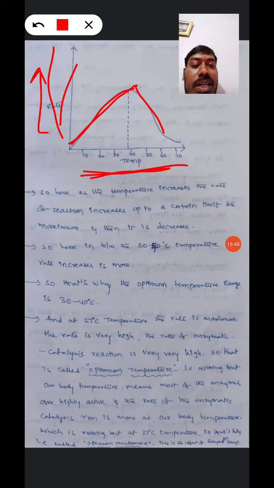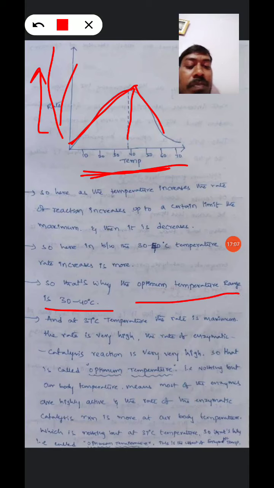Between 30 to 40 degrees centigrade, the rate of reaction is increasing more. That's why the optimum temperature range is 30 to 40 degrees centigrade.